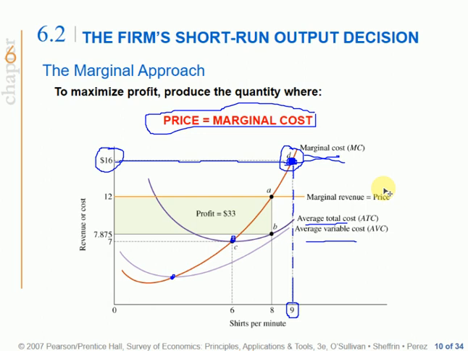However, if the market price is equal to 12, we have another optimal quantity that maximizes profit. If the market price is equal to 12, then the firm produces the quantity Q star where the price 12 is equal to the marginal cost. That happens at point A, and the quantity that corresponds to point A is equal to 8.